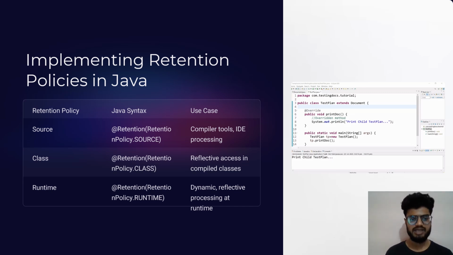The second one is class-based, used with @Retention(RetentionPolicy.CLASS), which is used to access the compiled classes, which is an image file, as I told before. The third one is the runtime retention policy, accessed by @Retention(RetentionPolicy.RUNTIME), which is used when dynamic and reflective processing at runtime is needed.